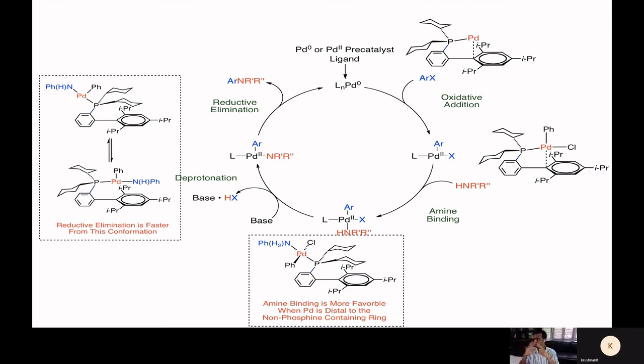So what we have tried to tell you so far is why this sort of biaryl phosphine ligand system is so good in palladium catalyzed carbon nitrogen bond formation reaction, as well as many other cross coupling reactions, many other different types of reactions, not only with palladium, with other metals as well.